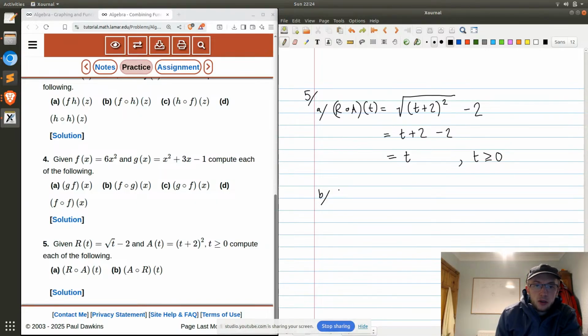Okay, now A of R of t. You pick up the definition of R and you put it into A. So open brackets. And where you see t, put root t minus 2.